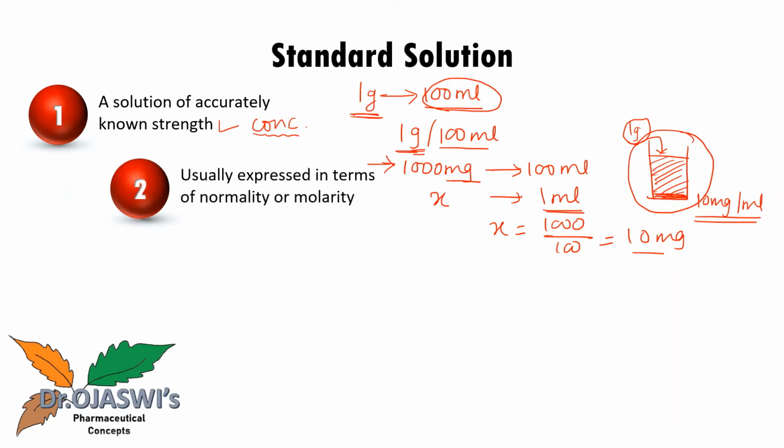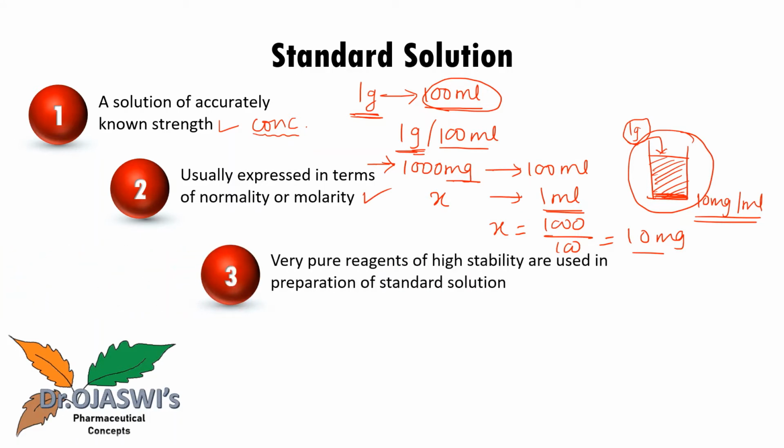In case of titrations or titrimetric analysis, the concentrations are usually expressed in terms of normality and molarity. Then very pure reagents of high stability are used to prepare standard solutions. Yes, I call it a standard solution. That means that particular drug or substance is very pure.